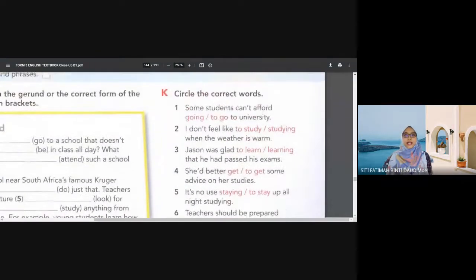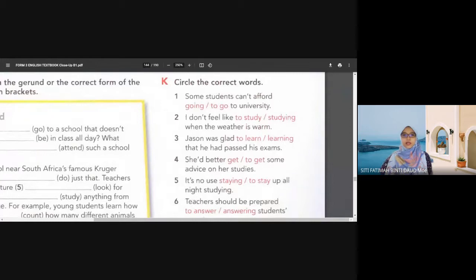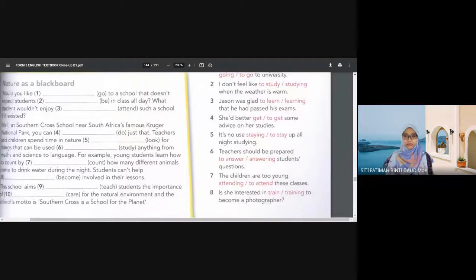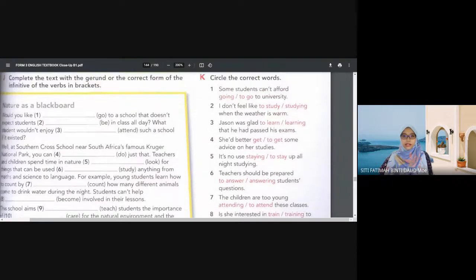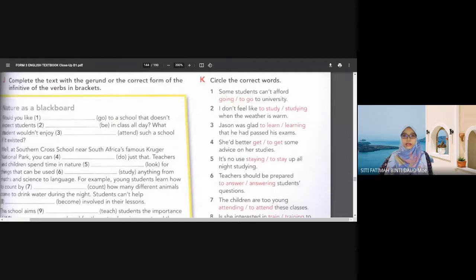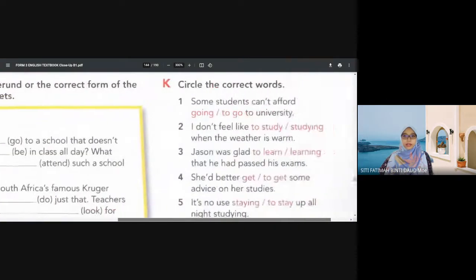Okay, last exercise. This one you just choose. I think you can do this on your own. Please do K, 1, 2, 3, 4, 5, 6, and 7 now. Choose one answer from the red words here.